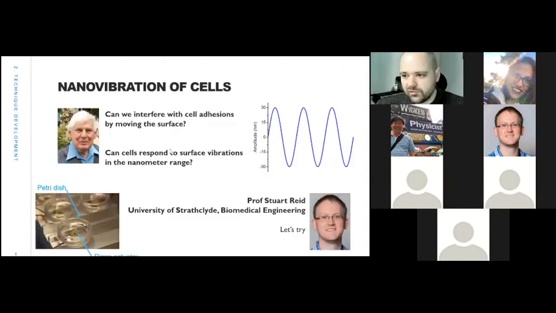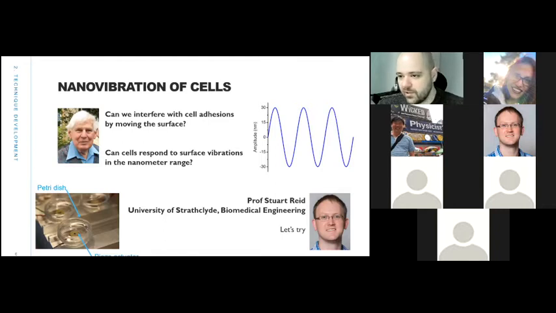So he saw these results coming from other groups, and he asked, can we interfere with how cells adhere to surfaces by moving the surface? Can we vibrate the surface, perhaps at the amplitude of a similar length scale to the cell integrins? And he came to the physics department at the University of Glasgow and asked for some help with this.